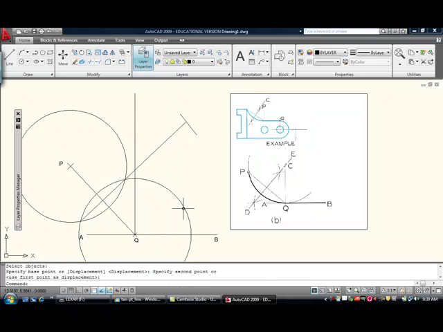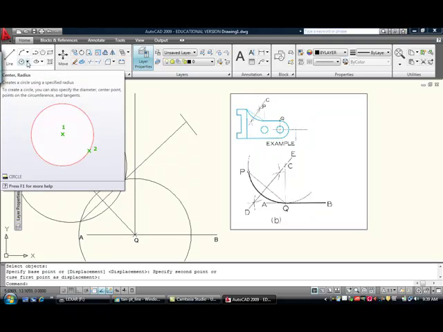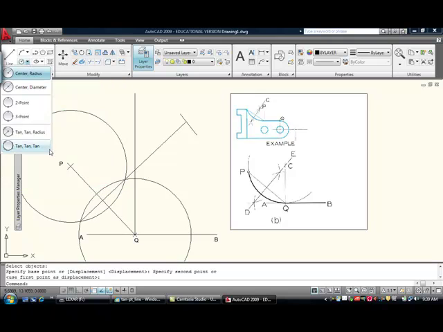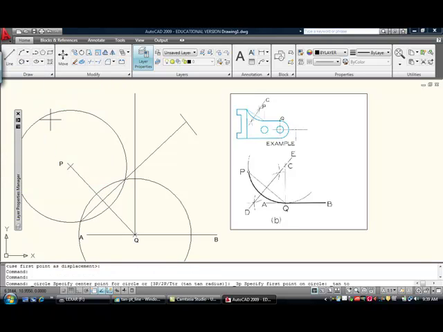Okay, what that has given me now is the intersection of the bisector here and the perpendicular at Q. So all I have to do at this point now is construct a circle, just a plain old circle, using that as my center point.